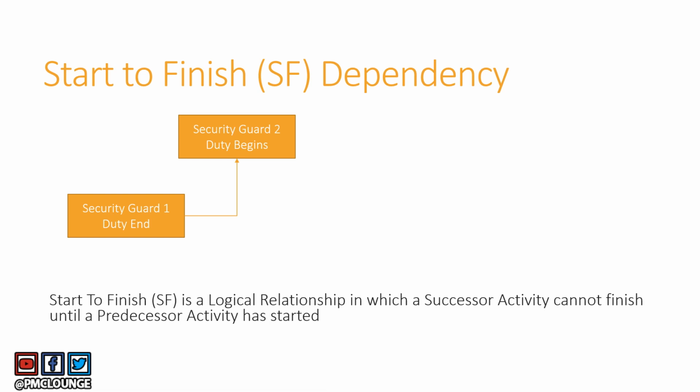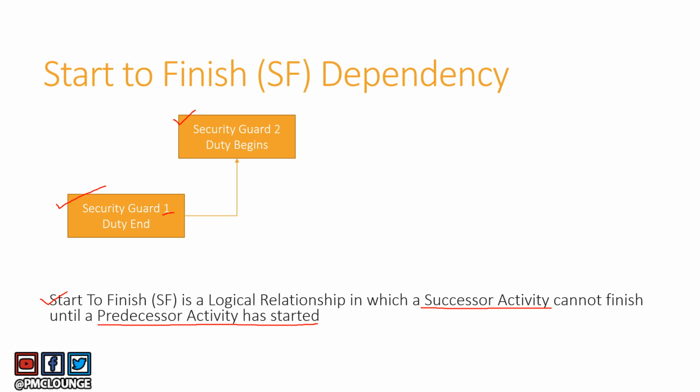So if you look at the definition first, it is a logical relationship in which a successor activity cannot finish until a predecessor activity has started. So the successor activity, it cannot finish. The first security guard's duty cannot end until the second security guard's duty begins.